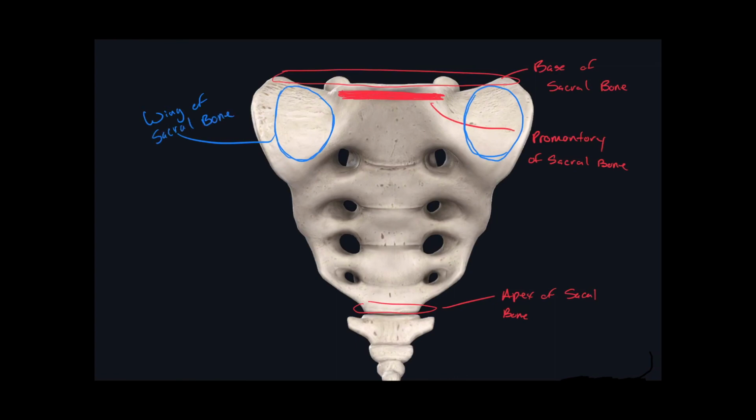Now, before I go into any more specific landmarks, there are a few surfaces that I need to cover on the sacral bone. On the anterior surface of the sacral bone, this surface is called the pelvic surface of the sacral bone, and it's this area in its entirety.